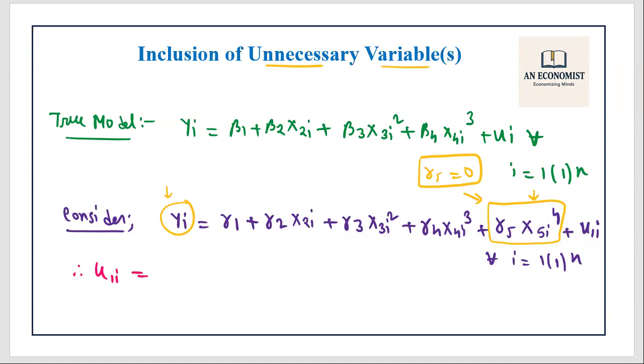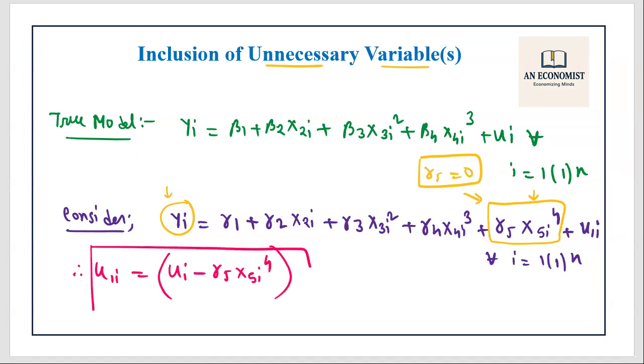This u1i will be simply ui minus gamma 5 x5i to the power 4. Right? This is very clear from the discussion we had. And this is the new error term.